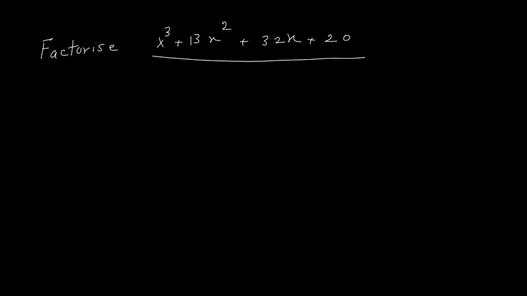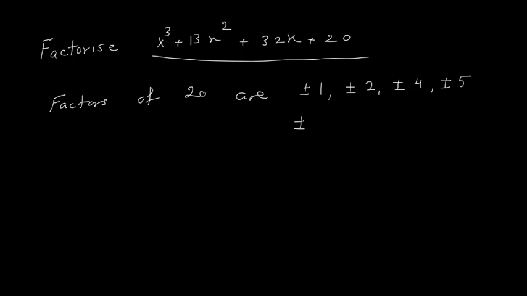First, we will find the factors of 20. The factors of 20 are plus or minus 1, plus or minus 2, plus or minus 4, plus or minus 5, plus or minus 10 and plus or minus 20. These are the factors of 20.